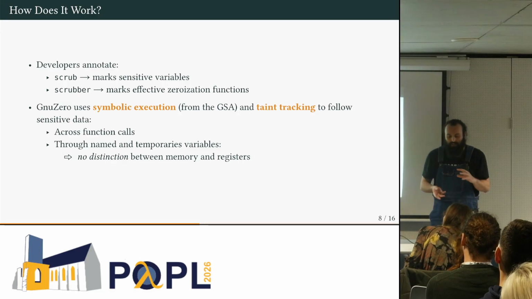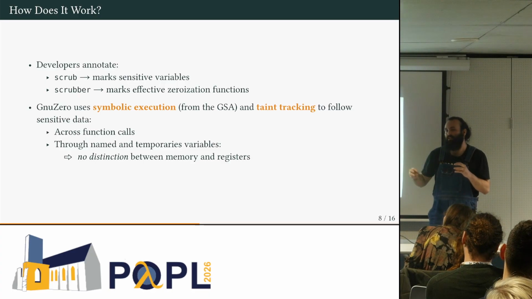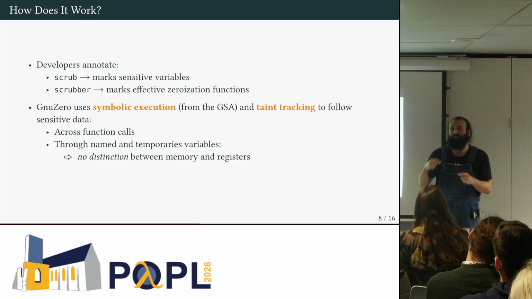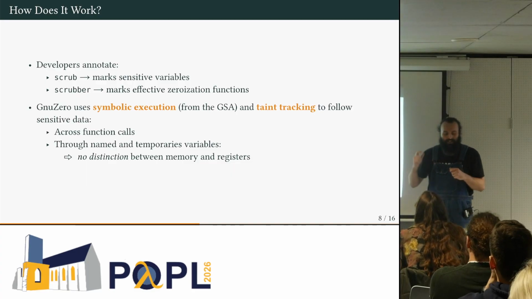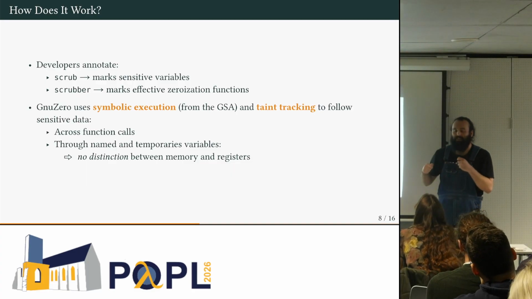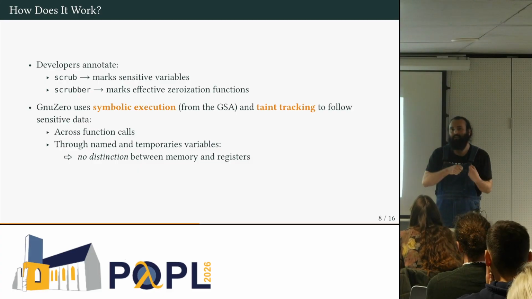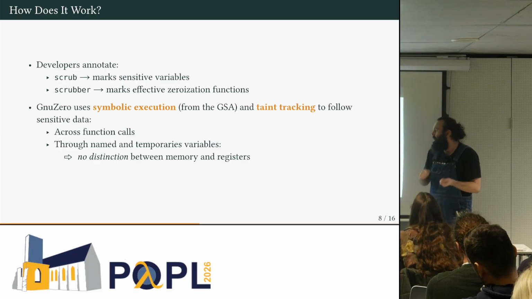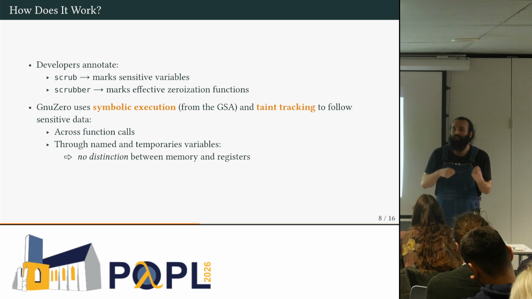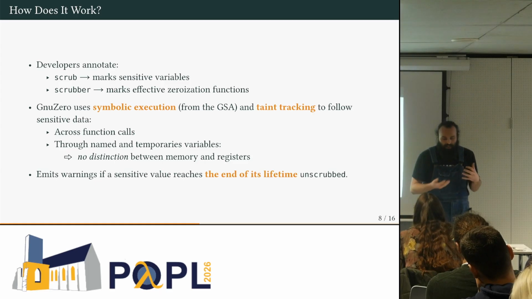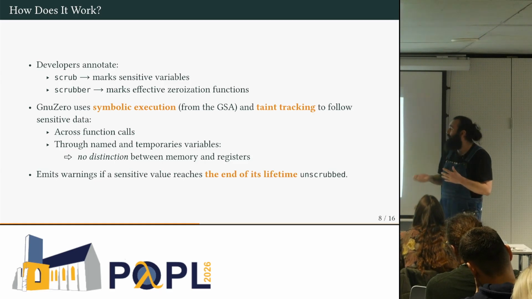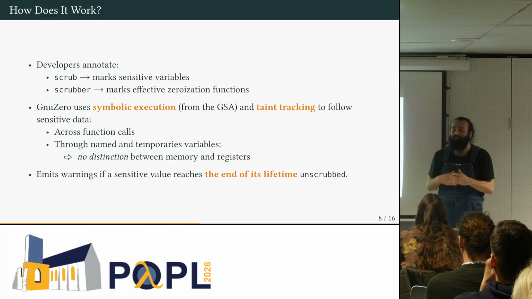It's interesting to notice that since we are at the really late stages of the hardware and language independent intermediate representation in GCC, every variable might be in memory or in registers. So we do not make any distinction between memory and register here. And so GnuZero will emit a warning if any sensitive value reaches the end of its lifetime as being unscrubbed.